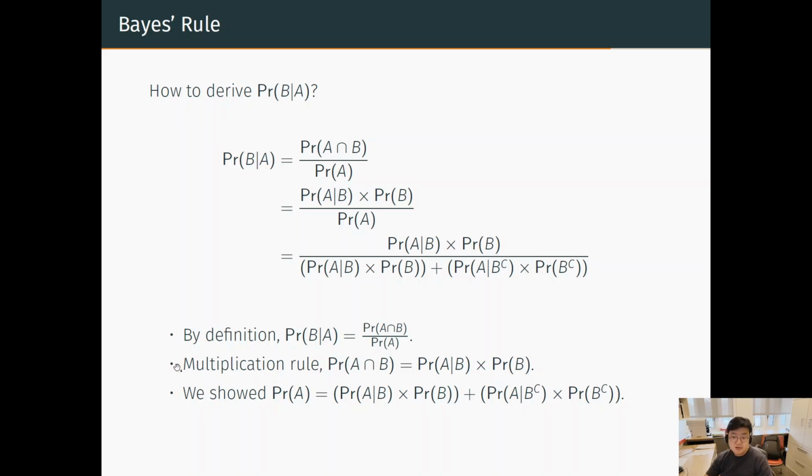We learned it earlier, right? The general multiplication rule doesn't require any condition. And the denominator can be replaced by the previous formula we just showed. Then we get this Bayes rule. No matter what you do, in the end, it's the same thing, right?